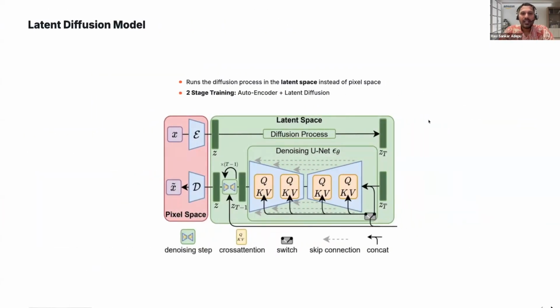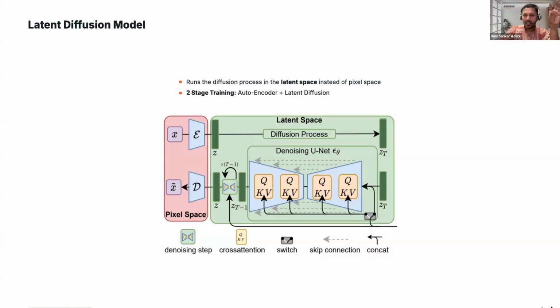This is a key idea, and that's what powers Stable Diffusion. Instead of running diffusion on the pixels, we run it in the compressed latent space. It's a two-stage setup. Stage one trains an encoder, really a VAE, that squeezes an image down into a much smaller latent space, and then decodes it back with barely any quality loss.